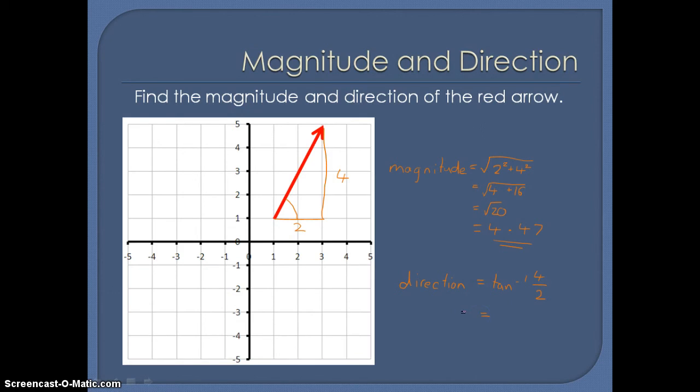So again, if we calculate that, tan to the minus 1 of 4 over 2, which is just 2, gives us a value of 63.4 degrees. Okay, so that concludes our introduction to vectors.